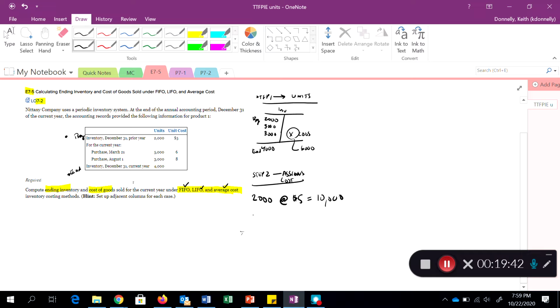Then we bought 5,000 at $6 each. So that's 30,000. And then we bought 3,000 at $8 each. So that's 24,000. So this would be our goods available for sale. That would be 10 plus 30, so that's 40, plus 24, 64,000.